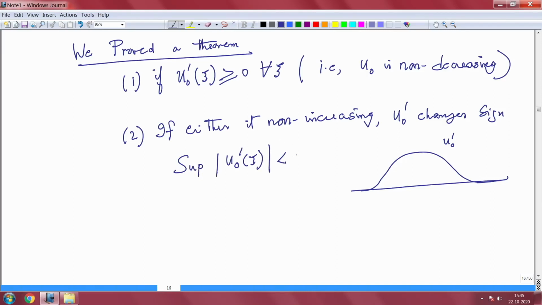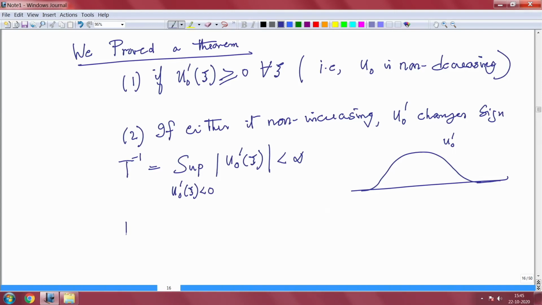You can interpret it and read, I am not going to explain more, where u naught prime of psi is less than or equal to 0, and I call this t, t inverse, 1 over t, otherwise you take the other way.